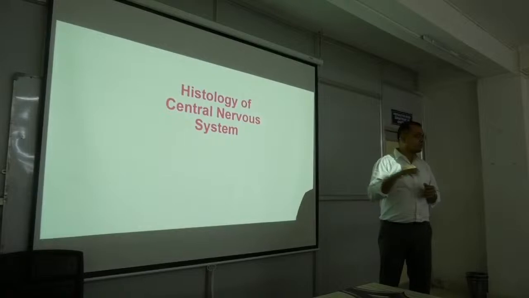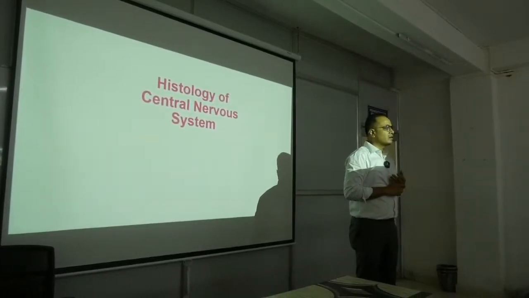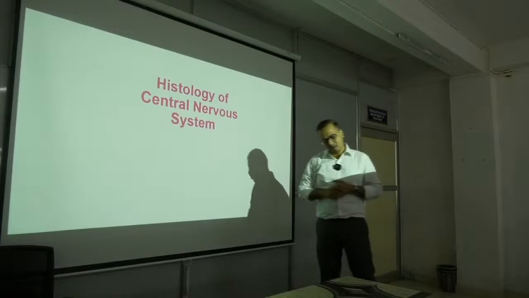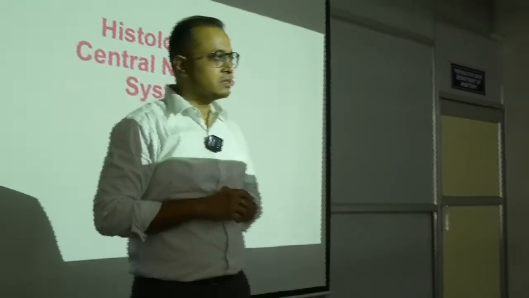Now, in the central nervous system, we are going to talk about the spinal cord. As far as our 10+2 knowledge is concerned, it is a cylindrical tube continuation of the brain, lying in the vertebral column, and hanging down from the foramen magnum of the brain.